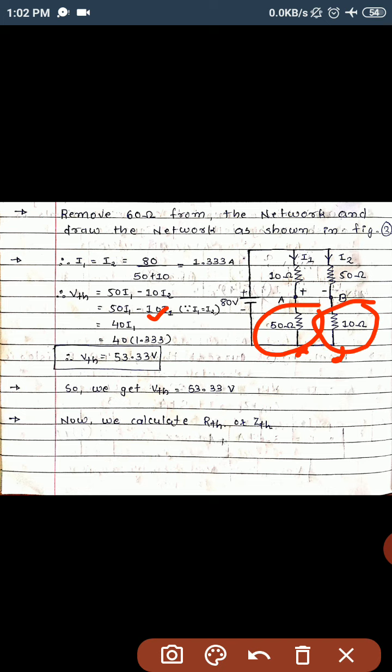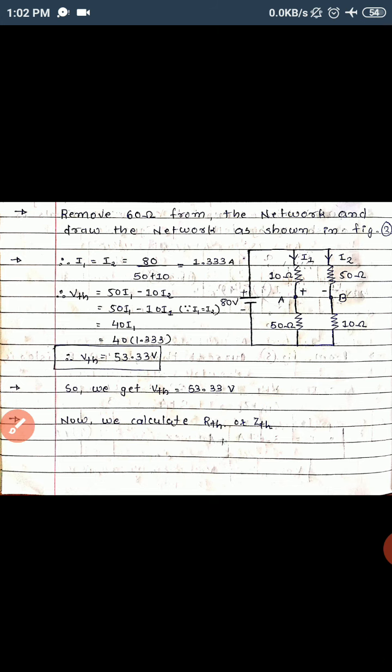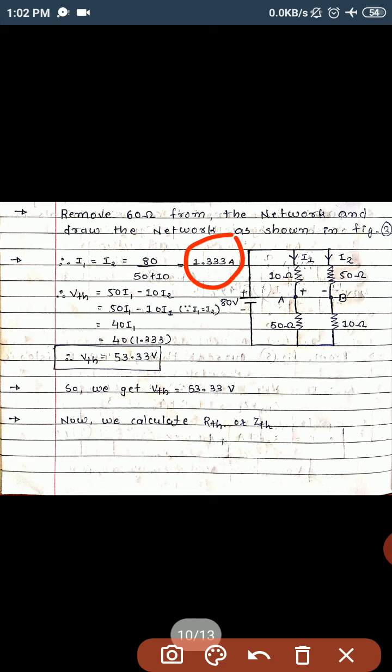So 50 I1 minus 10 I1 is 40 I1. With I1 equal to 1.333 ampere, 40 multiplied by 1.333 gives the open circuit voltage, or Thevenin voltage, 53.33 volt.